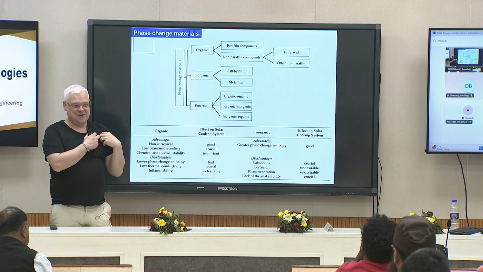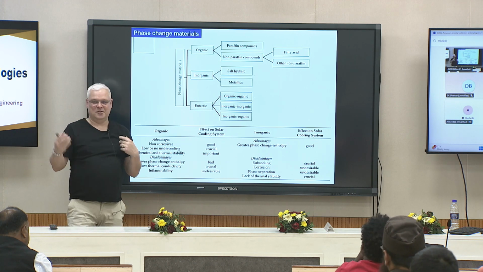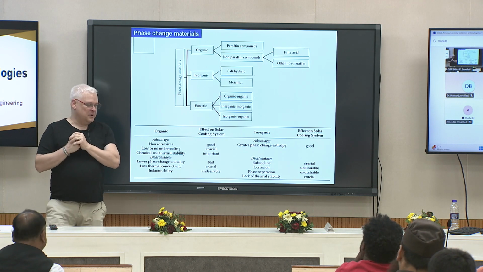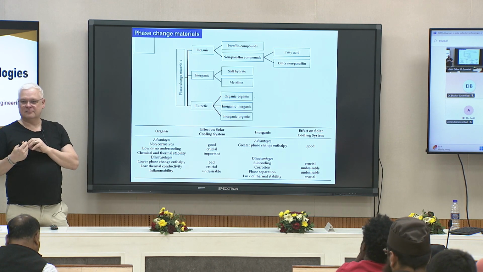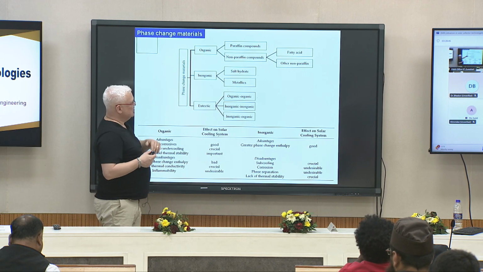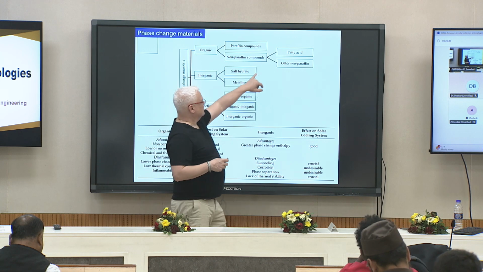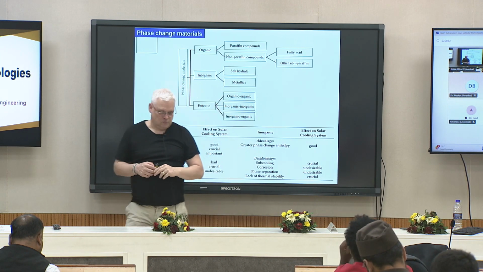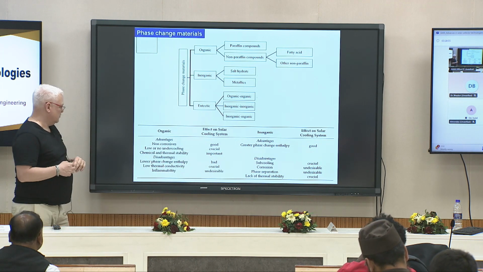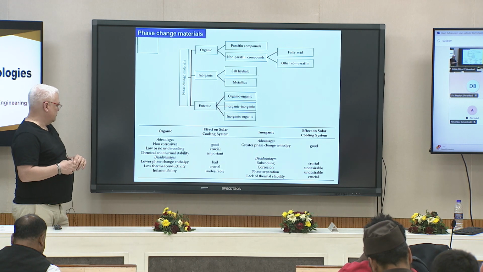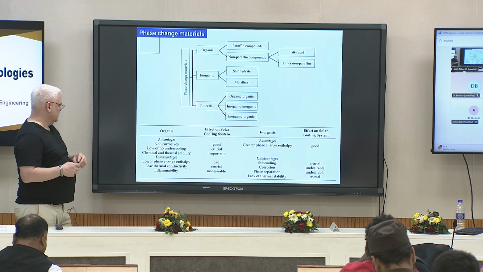They try to investigate many different new, better eco-friendly materials. So this is the main family. Here, fatty acid, to investigate more. Okay.